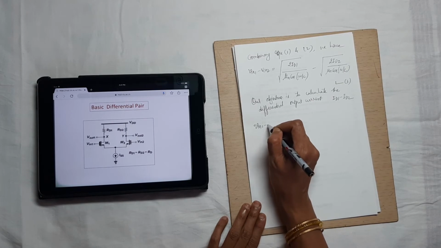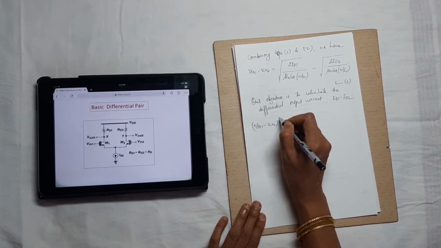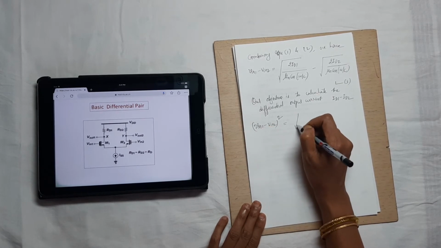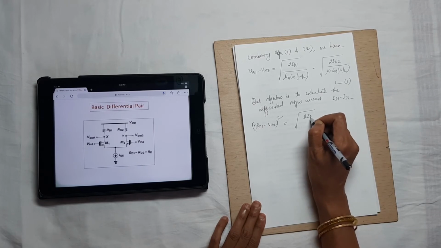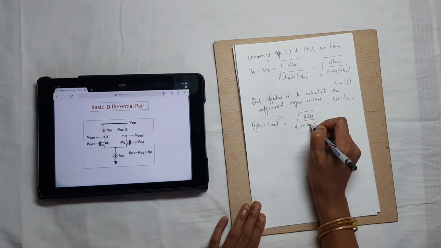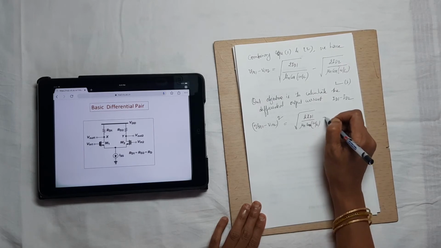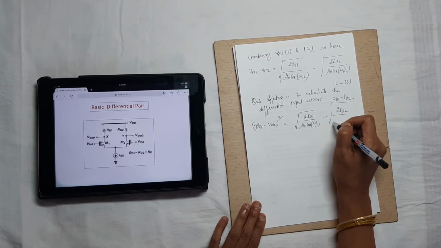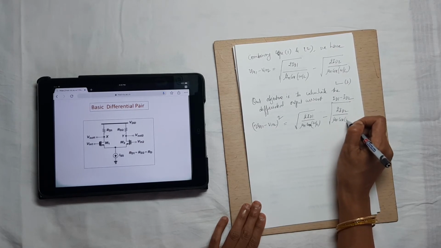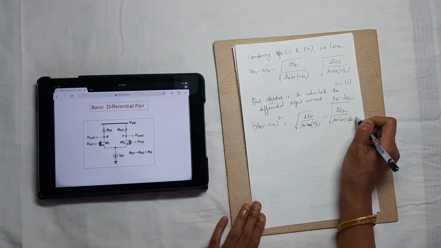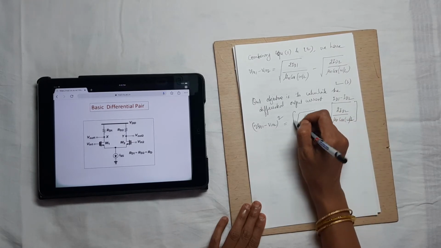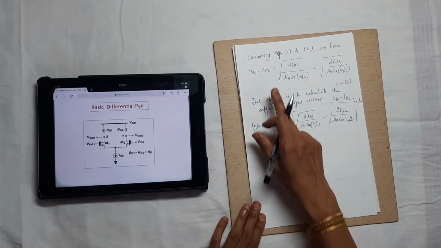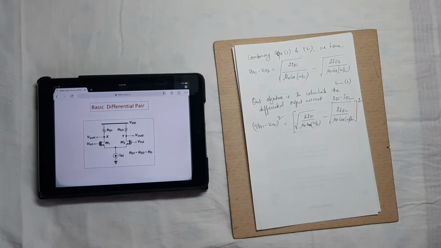Vin1 minus Vin2 whole bracket square is equal to square root of 2ID1 by mu n Cox W by L minus square root of 2ID2 by mu n Cox W by L whole bracket square. We have just squared both sides.